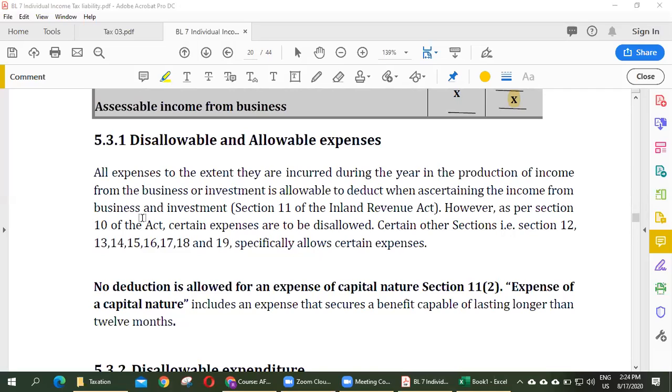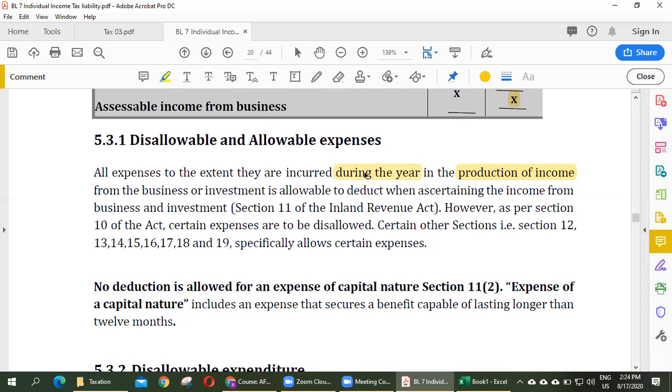All expenses to the extent they are incurred during the year in production of income. The production of income is important. If any expenditure is incurred for the purpose of making profit, that is allowable expenditure. We can deduct from income, right?